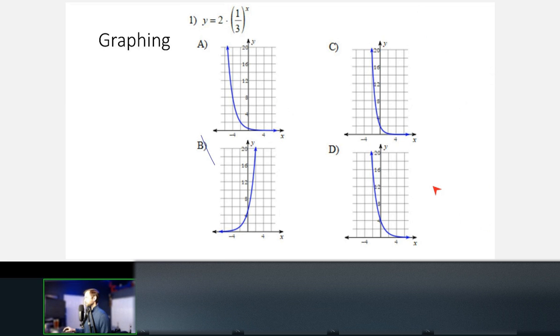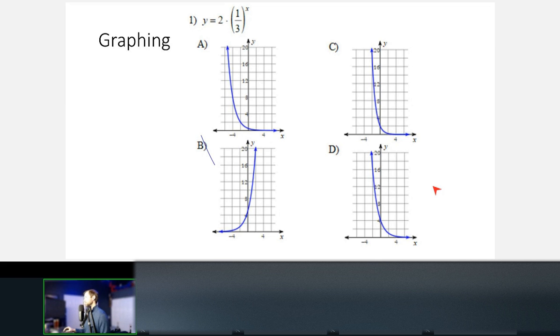It's a really easy one. When x equals what? 0. 0 is super easy. Any number to the 0 power is what? 1.